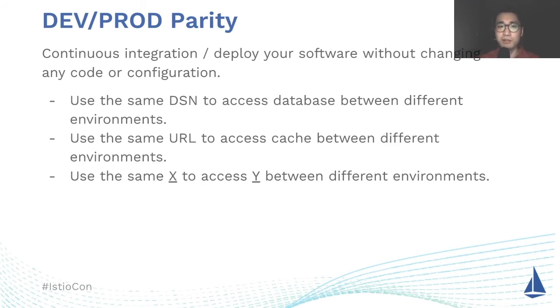Dev-prod parity. Aeraki allows your application to use the same data source name, the same URL, or other information to access resources in multiple environments, such as Redis, MySQL, etc. This keeps the dev environment at parity with the production environment.